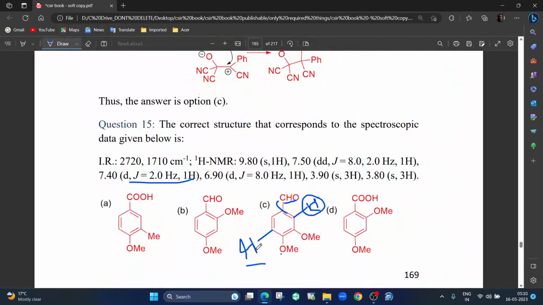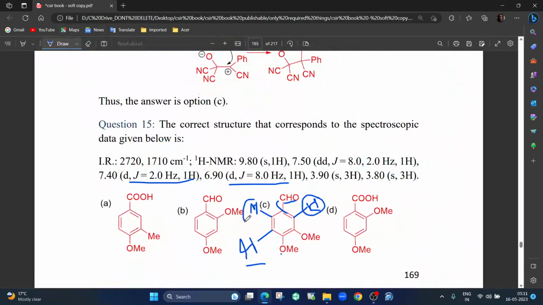So this proton comes, as you can see here, as a doublet because only one hydrogen is there, and it is ortho, so 8 hertz. So this is the one we are talking about. You can see that very clearly. This is beside the OMe, so it is shielded. It is coming less than 7, a doublet, 8 hertz.